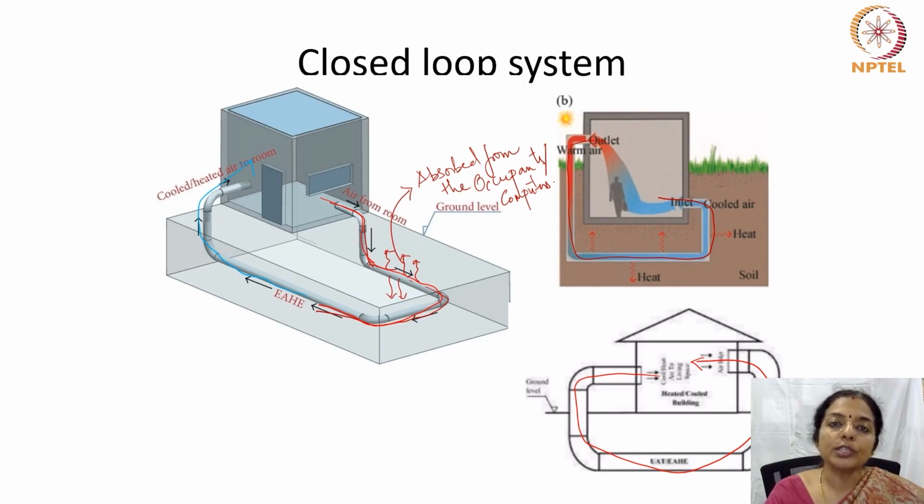The closed loop earth air tunnel system is actually not preferred over an open loop earth air tunnel system, because it does not give the building or the room fresh air, and sometimes it may not meet the building's fresh air requirement.